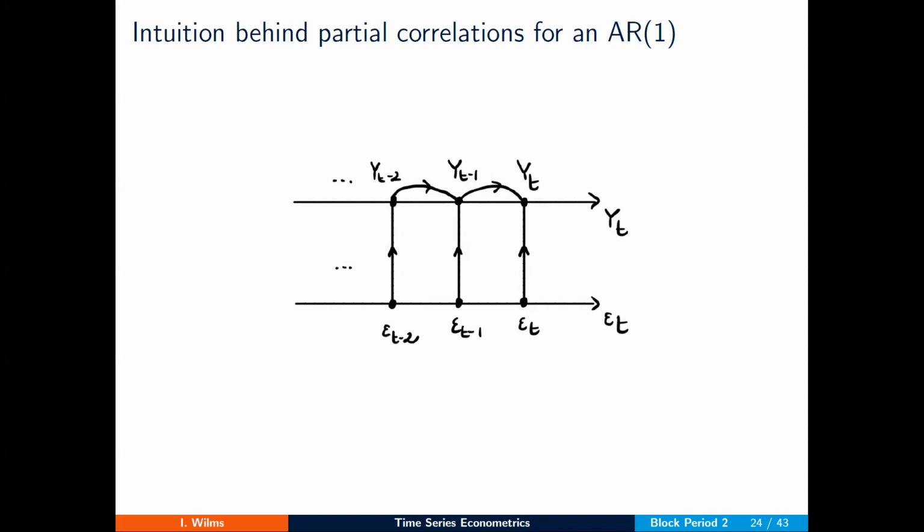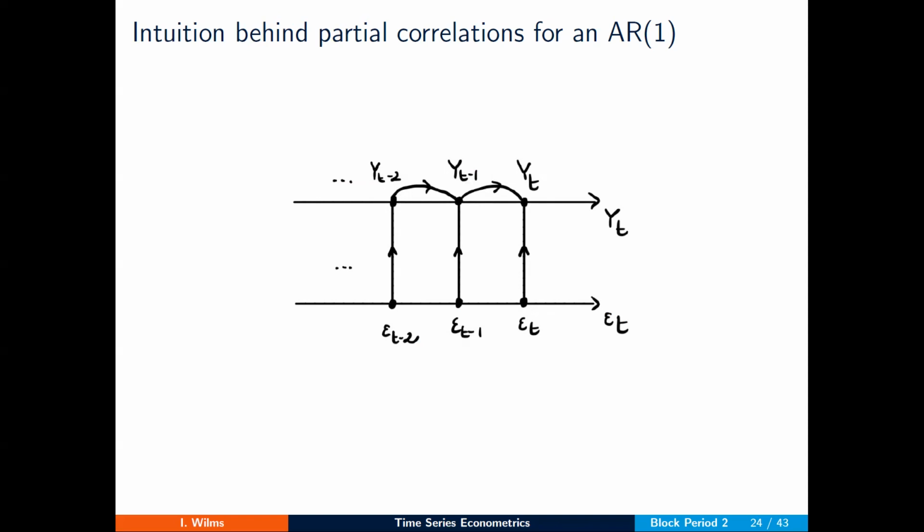So as of lag 2, things start to differ. What is the regular autocorrelation at lag 2? Well, that is non-zero, since there is a path from Y_{t-2} to Y_t, namely over Y_{t-1}. But what would be the partial correlation at lag 2?